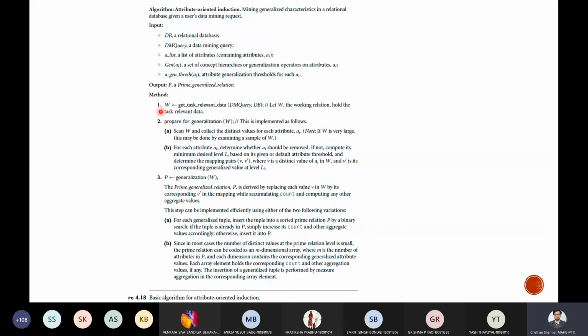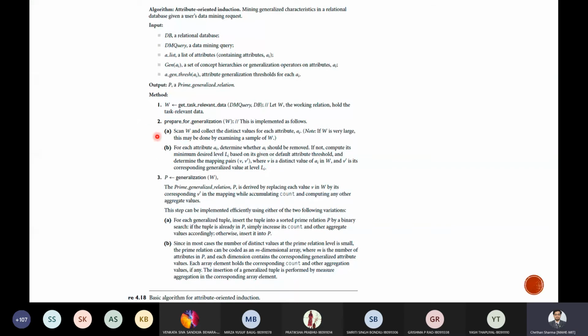The working relation is denoted by W. The efficiency of this method depends on the query processing methods used. So given a successful implementation, and if you have used a very good database system, this step will usually give good performance.